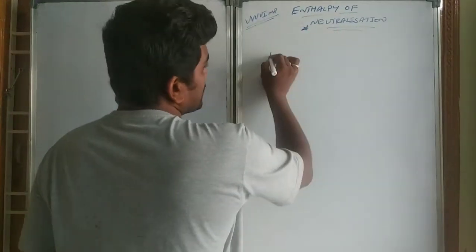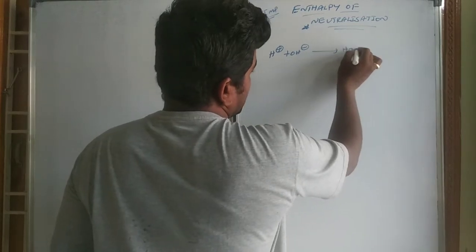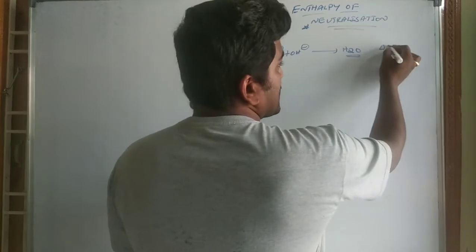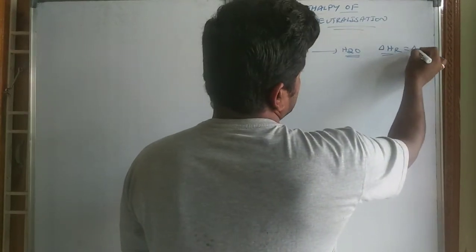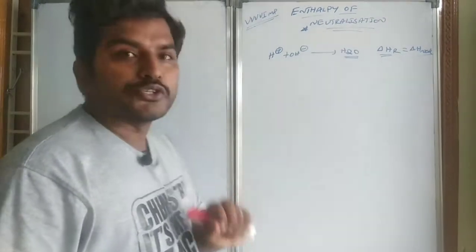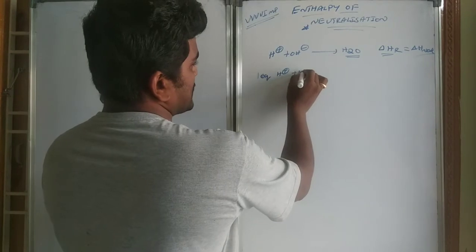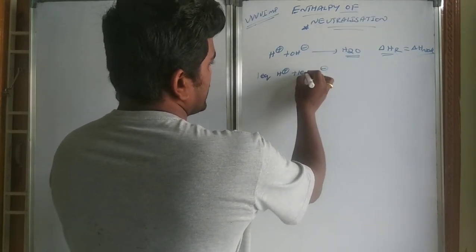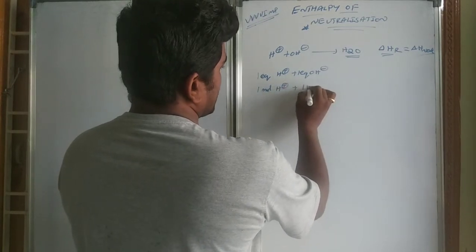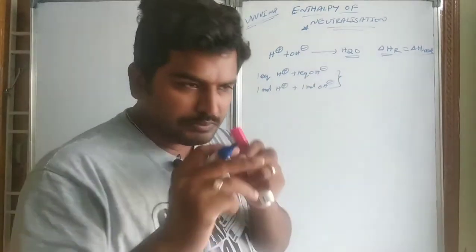You know very well, neutralization means H+ and OH- react to form water. During this, some heat will be liberated. That is nothing but the enthalpy of neutralization. So the amount of heat liberated when one equivalent of H+ ions reacts with one equivalent of OH- ions, or 1 mole of H+ ions reacts with 1 mole of OH- ions, is called the enthalpy of neutralization.